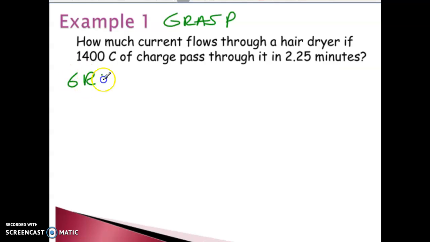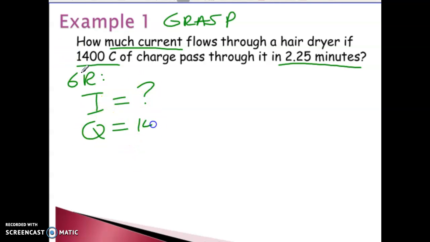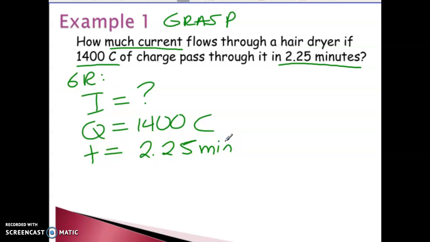Okay, so how much current flows through a hairdryer if 1400 coulombs of charge pass through it in 2.25 minutes? So we are looking for current. We have charge, and it is in the proper values, and we have time, but it is not in the units that are required here.